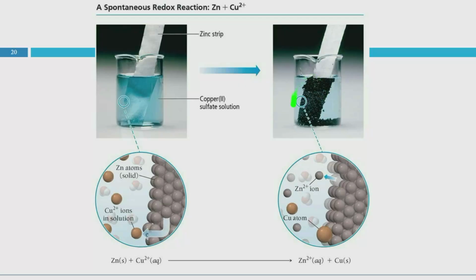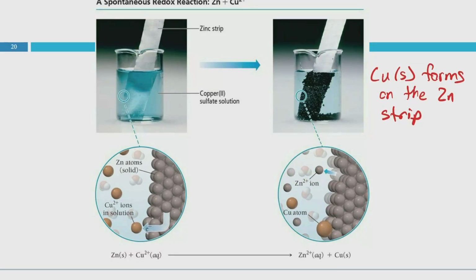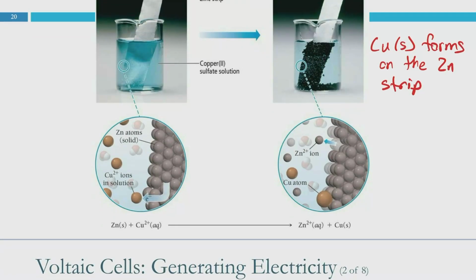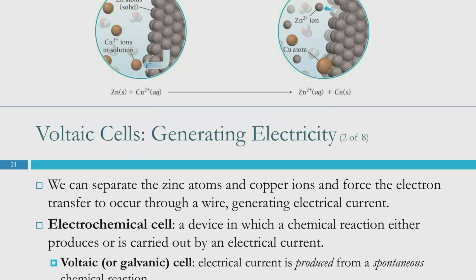That results in our copper solid forming on the zinc strip. And because the zinc has lost electrons, it goes into solution. So that's what this might look like. And we can see also the copper 2 sulfate solution has lost some of its blue color because of it losing some of those copper ions, perhaps.